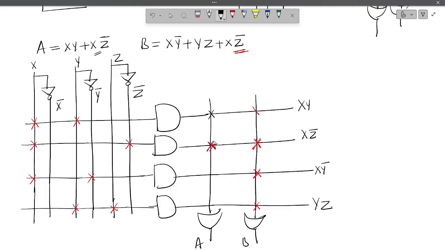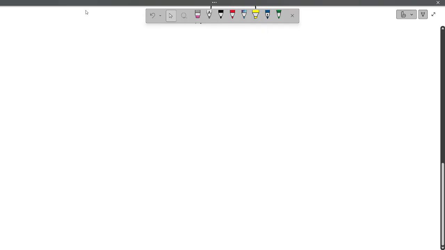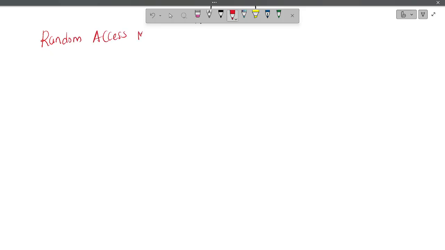Okay. Next is random access memory, which we call RAM. What is this RAM?